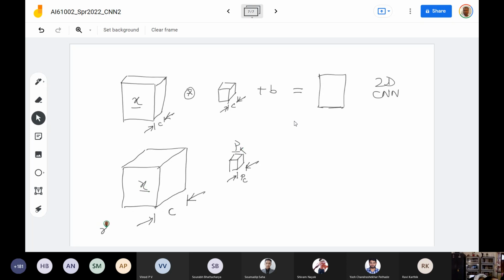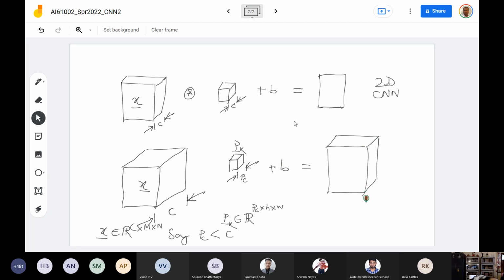X belongs to R power of C cross M cross N, and PK belongs to R power of PC cross H cross W, and PC is less than C. So you add a bias, and on this output you are going to get OC. Interestingly, OC is a dimension which you can directly find. OC is equal to C minus PC plus 1.